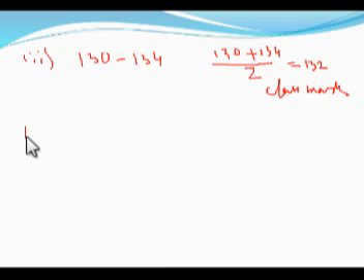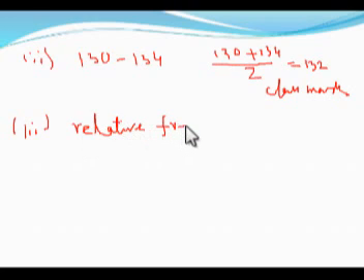Now third, we have to find out relative frequency. How can we obtain relative frequency? There are 500 students and this interval's frequency is 40.